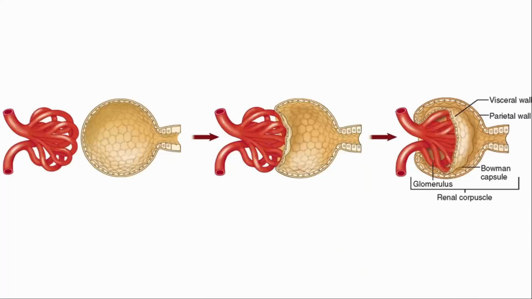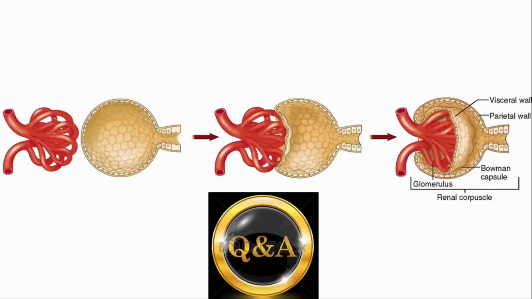The functional unit of the kidney is the nephron. The nephron is made of two different parts. First of all, the vascular part and then the collecting part. The vascular part starts with what? It starts with an arteriole coming to the nephron.